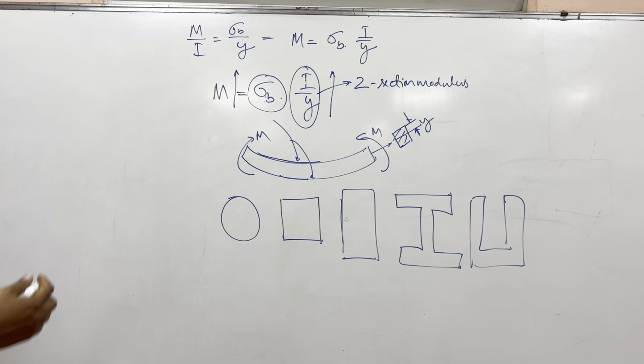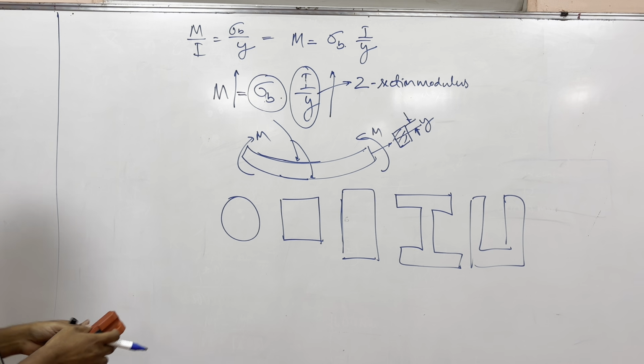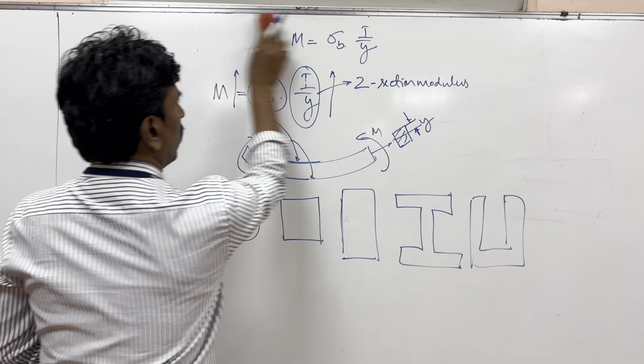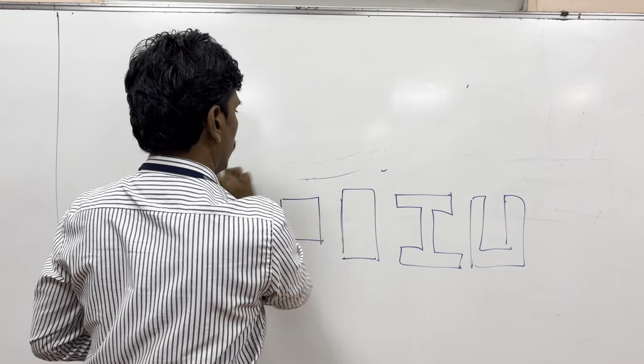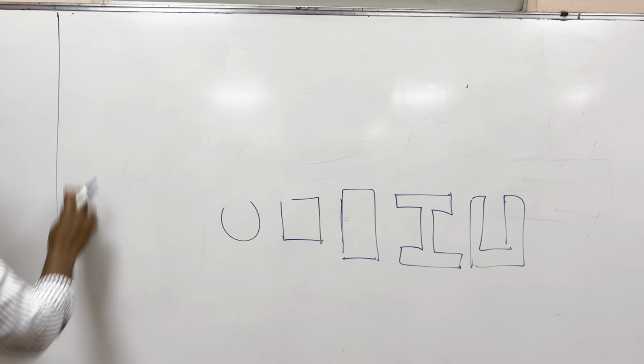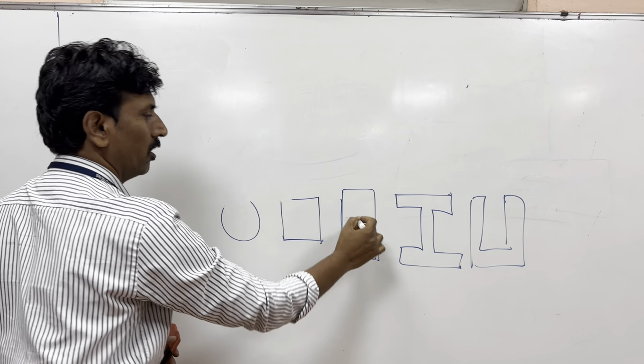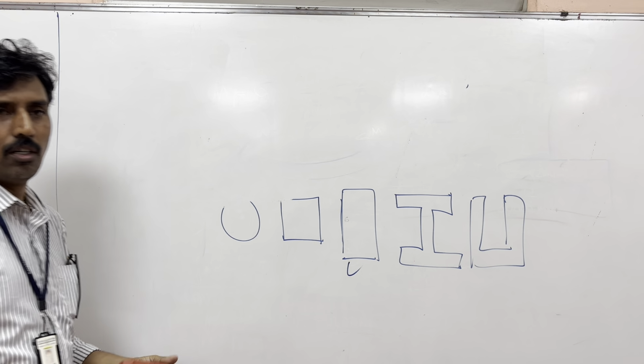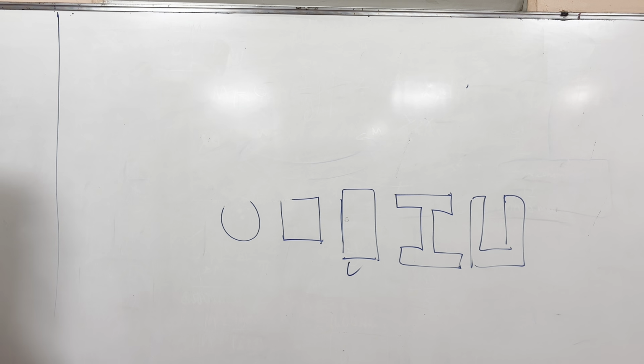Let me write this. Hope it is clear now. Let us take the first one, which is a rectangle, because a square is a rectangle with both sides equal.